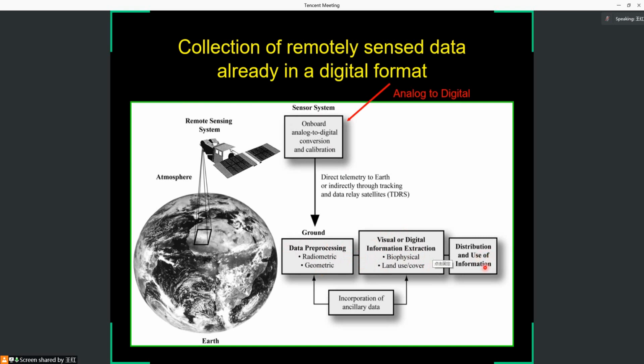Then we can distribute and use the information, obtain this information, and also get a map or a semantic map. This is the whole process, and in this course we will learn how to do these four steps.